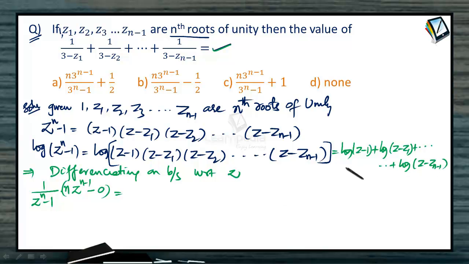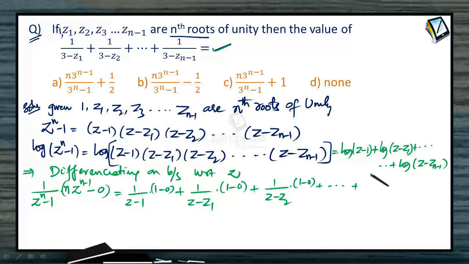If you differentiate this, I get 1 by z minus 1 into 1 minus 0, plus 1 by z minus z1 into 1 minus 0, plus 1 by z minus z2 into 1 minus 0, and so on, and last but not least, 1 by z minus zn minus 1 into 1 minus 0.